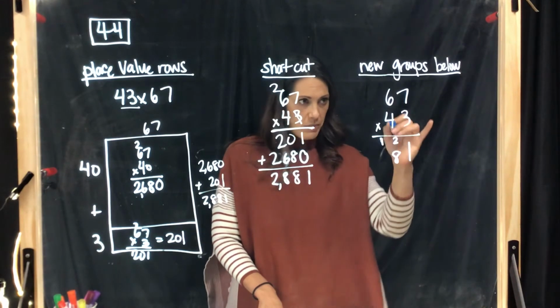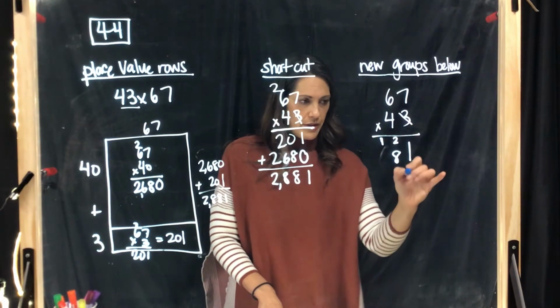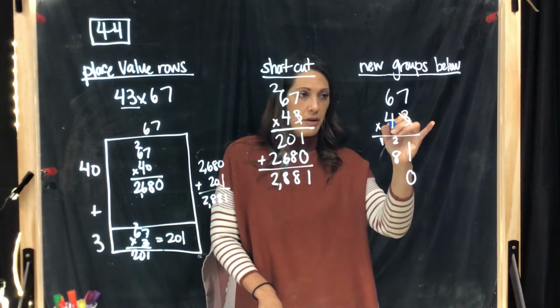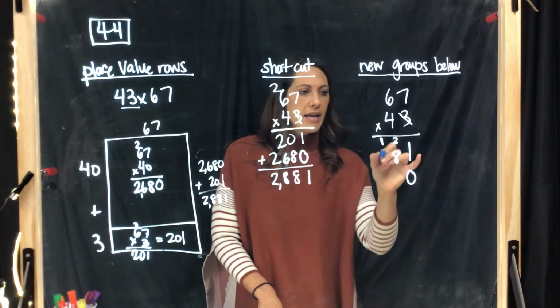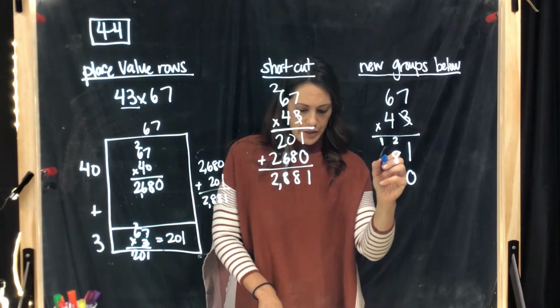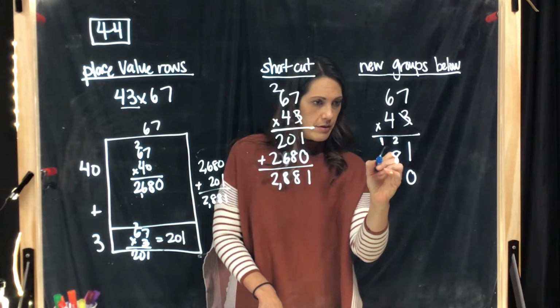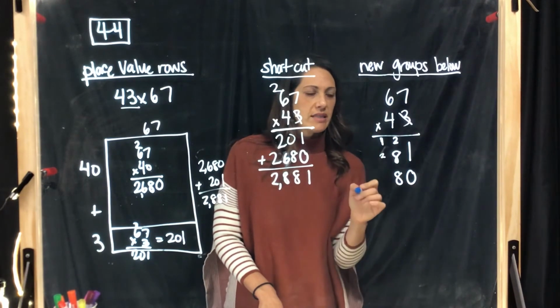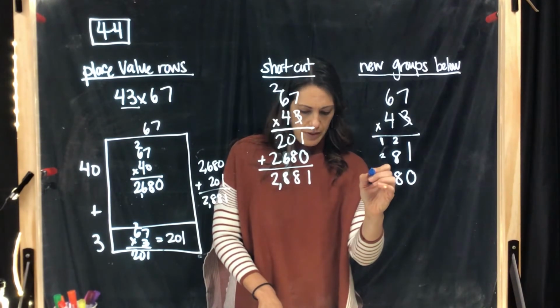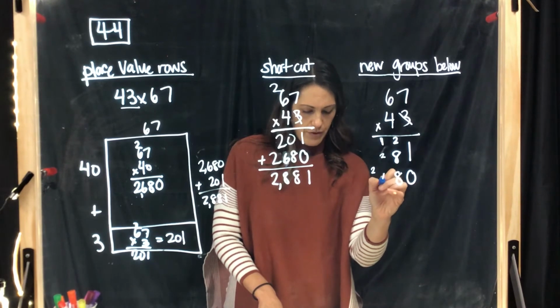Then I'm done with the 3, so I'm going to put a 0 as a placeholder, and I'm going to multiply the tens place. 4 times 7 is 28, so I'm going to write my 2 up here, 28. And 4 times 6 is 24, so I'm going to write my 2 over here and then my 4.